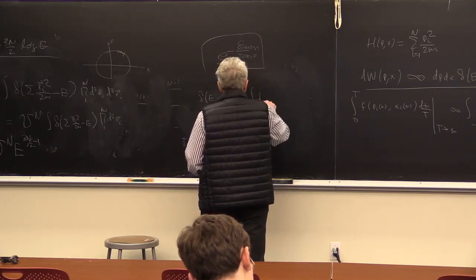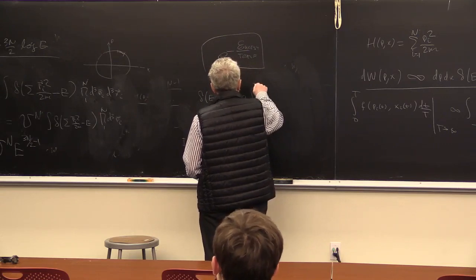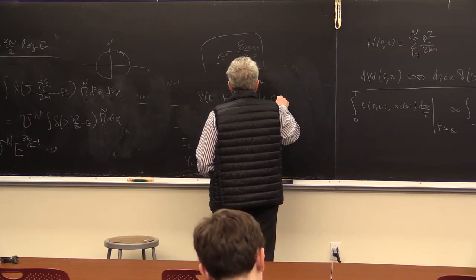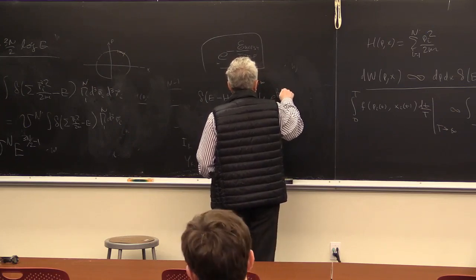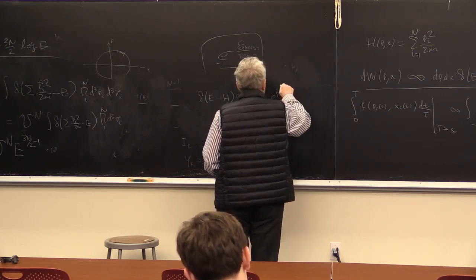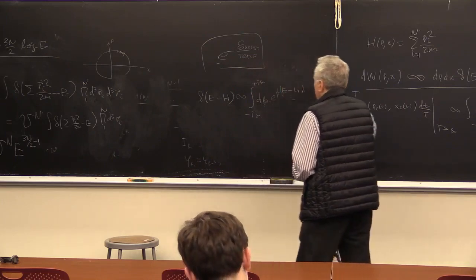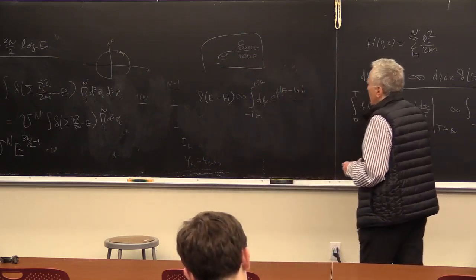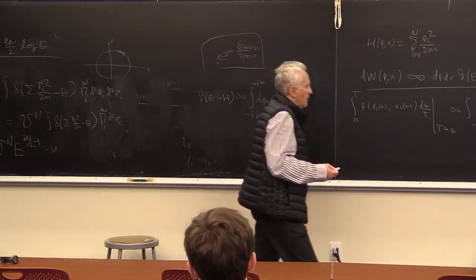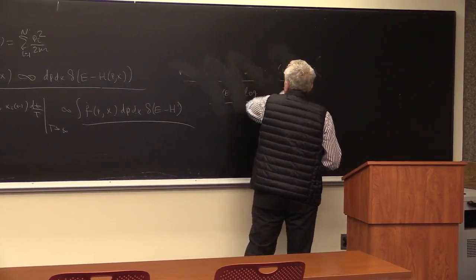You take the integral over d beta from minus i infinity to plus i infinity, e to the beta E. That's a general representation of the delta function.